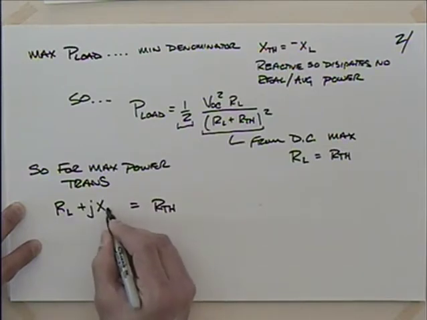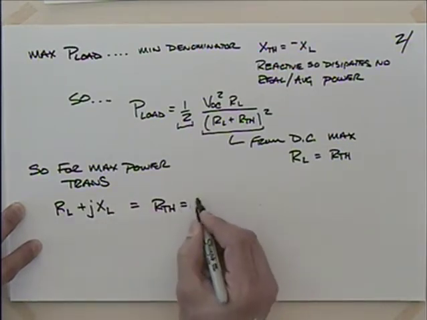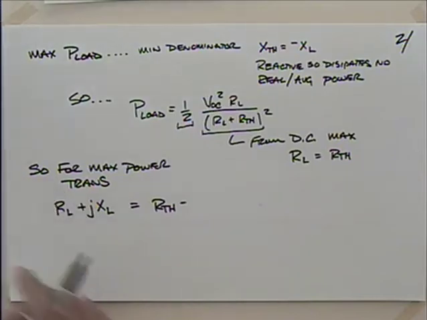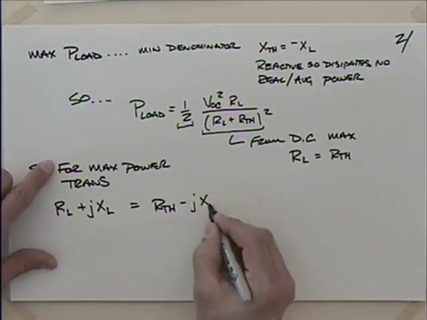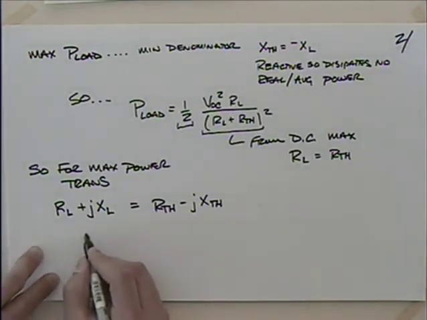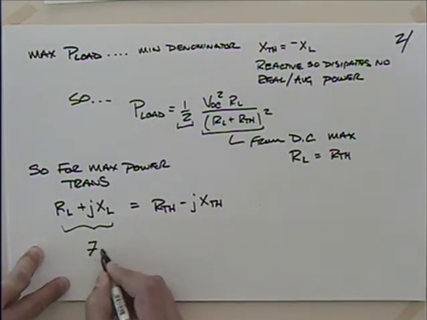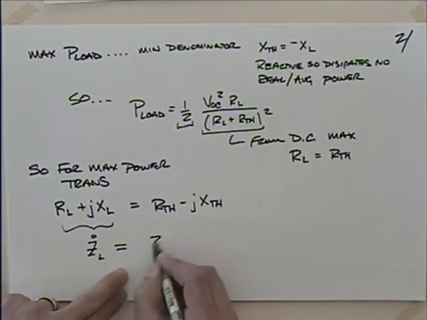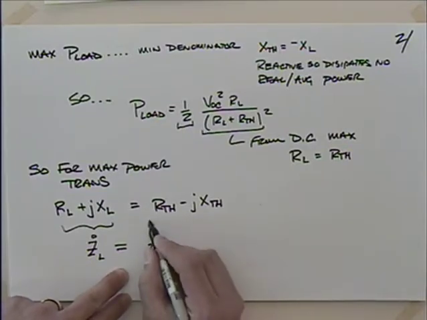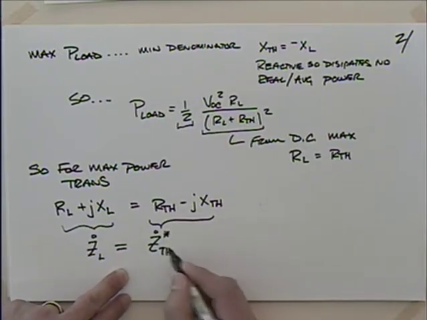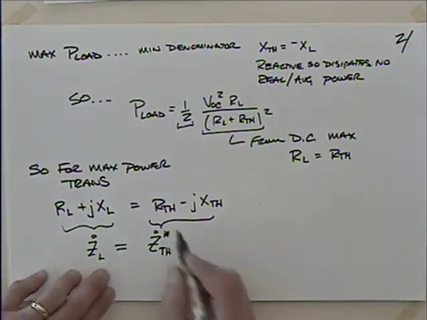The XL to be equal to what? Minus jX of Thevenin, right? Okay. And there's a mathematical term for this. It is called the complex conjugate. So we could say this thing is Z sub L, that's the impedance of the load, would be equal to the conjugate of the Thevenin impedance. Okay, of the Thevenin. So this is the conjugate.